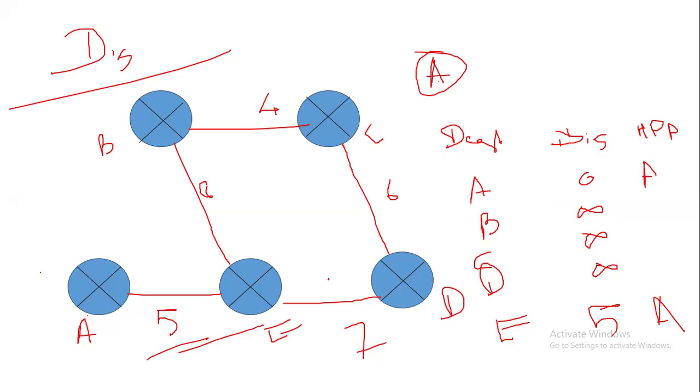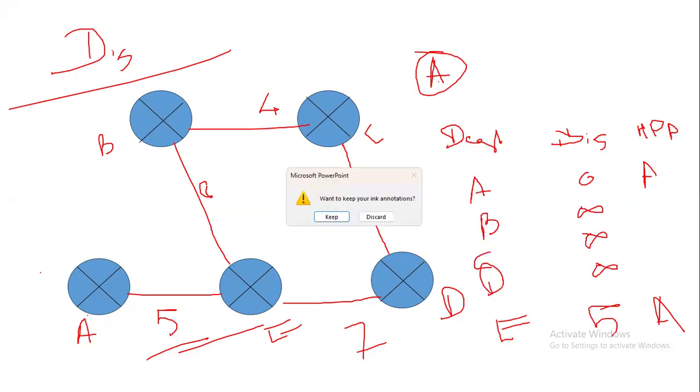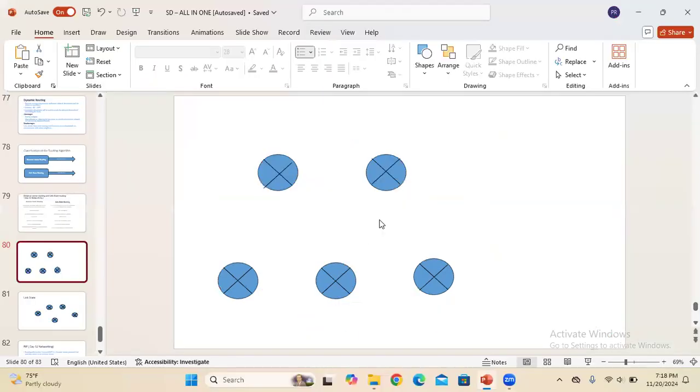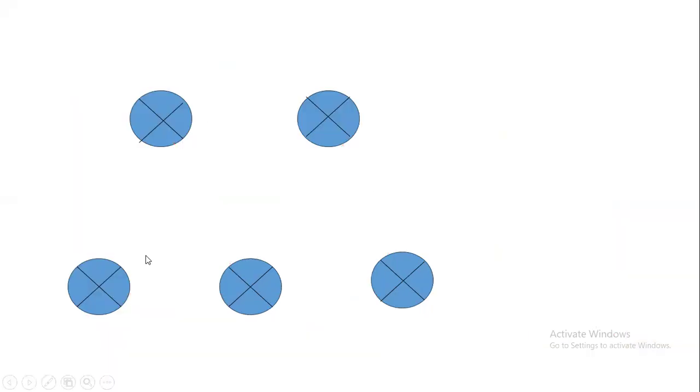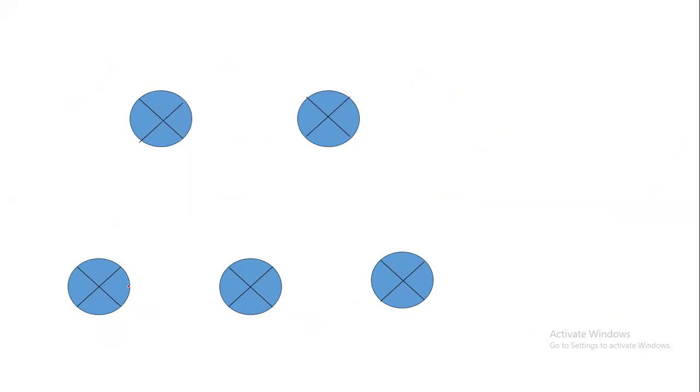In a similar way, if I am going to E, let me create a new tab as well. Now let's take an example. I want to do it for E. So a similar topology I can use, and the distance can be changed. I don't remember the exact distances we used for the other.